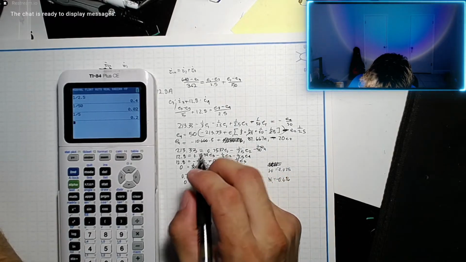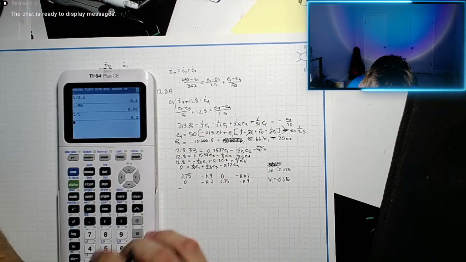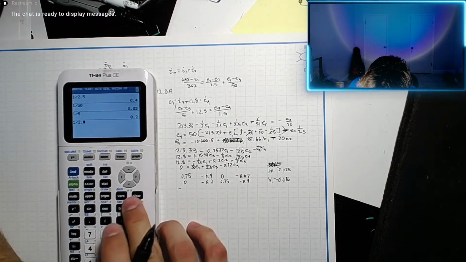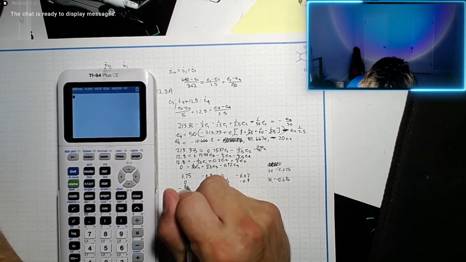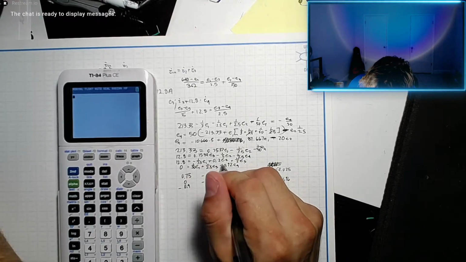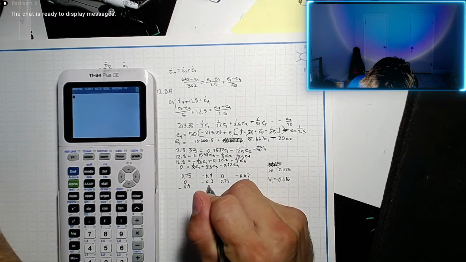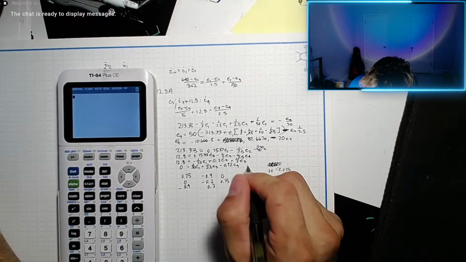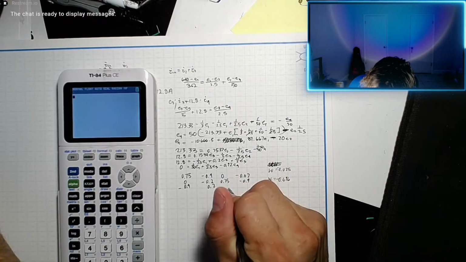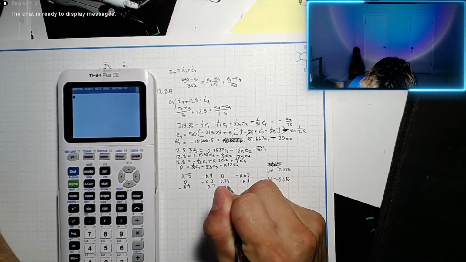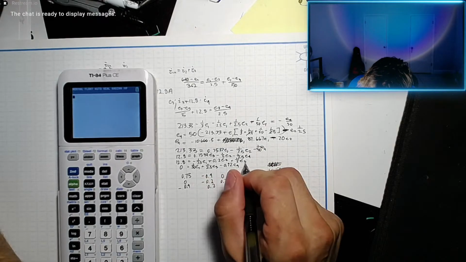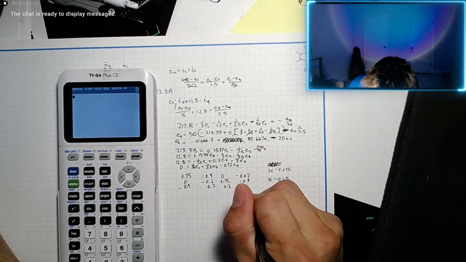Okay, I gotta make sure I got my positives and negatives right. 1 divided by 2.5 is 0.4. 0.2, yeah, that's a positive. 1/5 E3. 1/5 is 0.2.